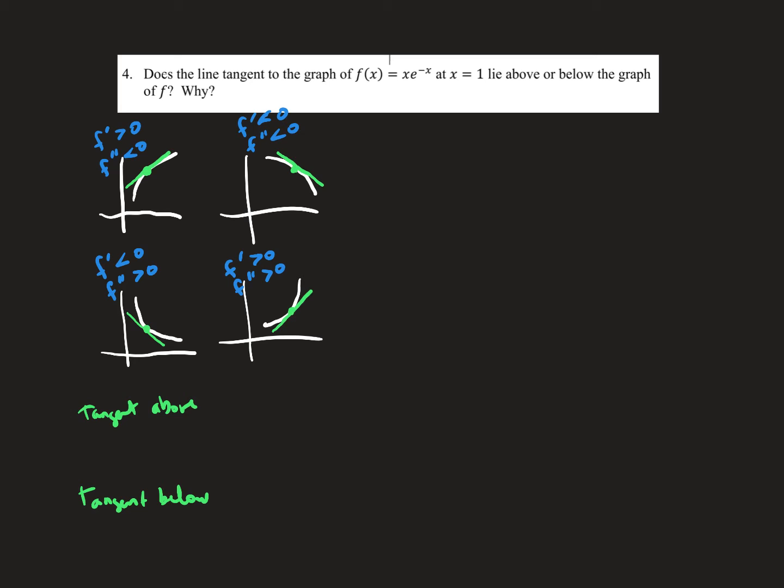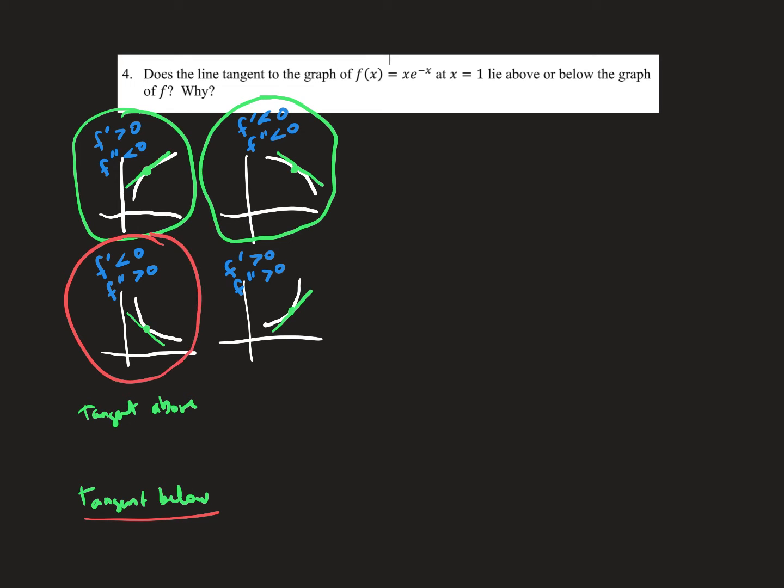Now, the tangent line falling above the graph happens on this graph and on this graph. And the tangent line below happens on this graph and on this graph.